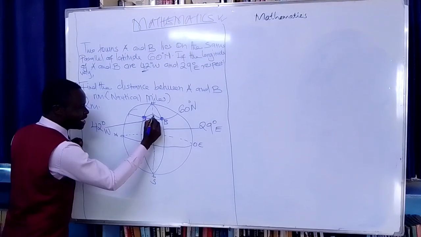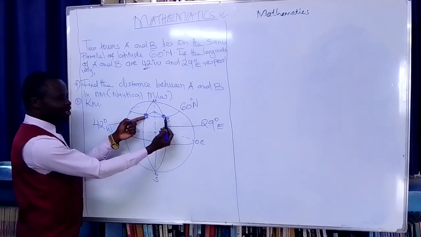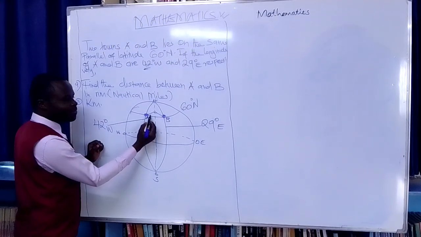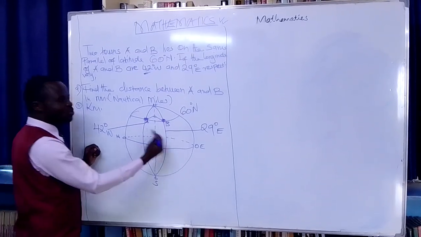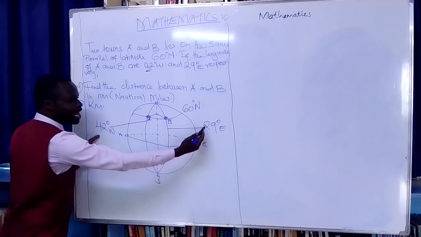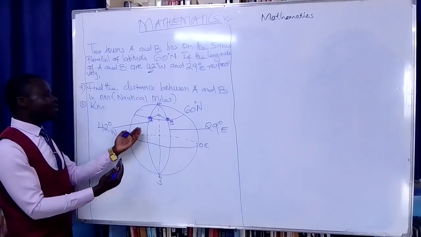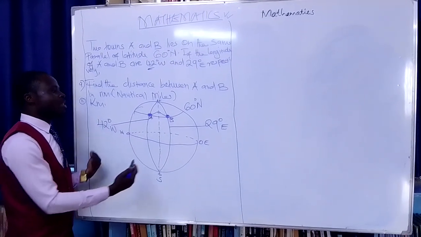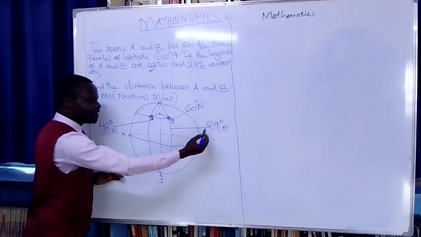This theta is going to be the difference between these two longitudes. And being that point A lies on the western part of the Greenwich meridian and point B lies on the eastern part, we are going to take the sum of the angles.